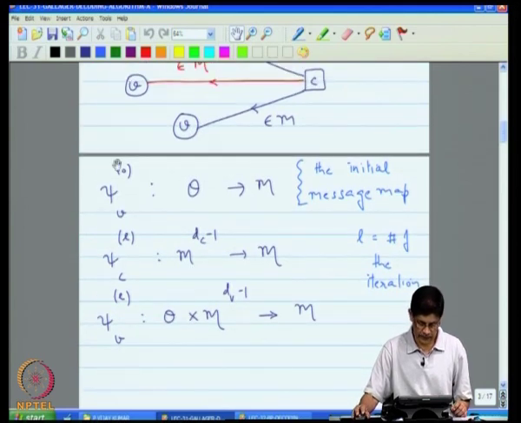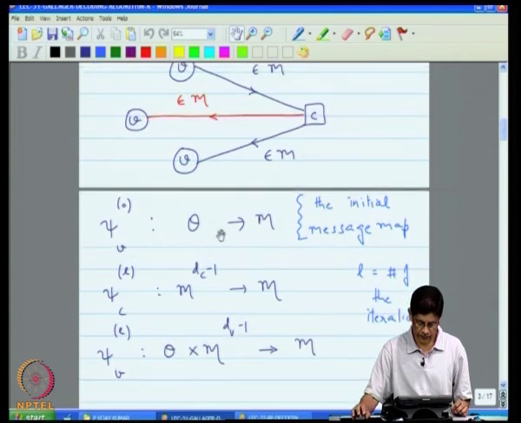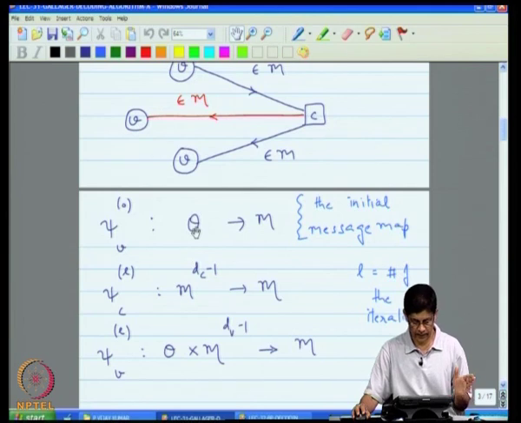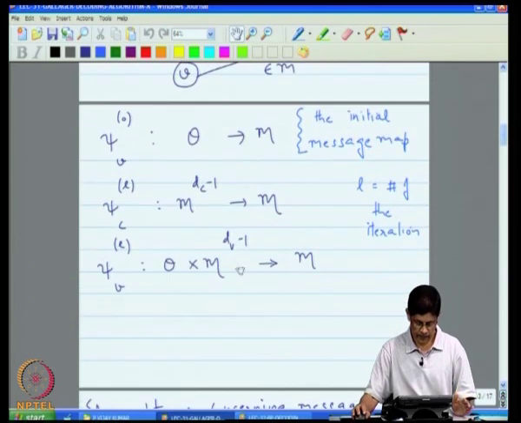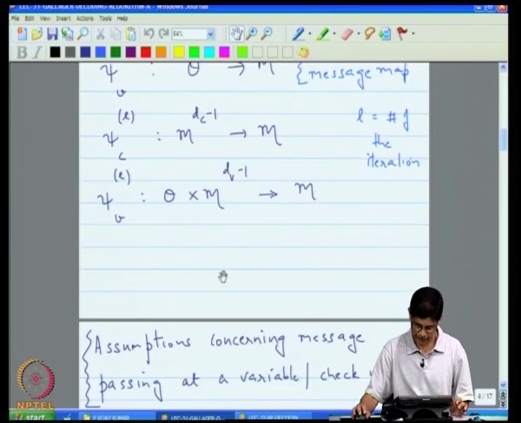In our notation, we reserve the superscript for the number of the iteration. So in the 0th iteration, you have a map that carries the channel output to the messages, and thereafter there are these other maps.